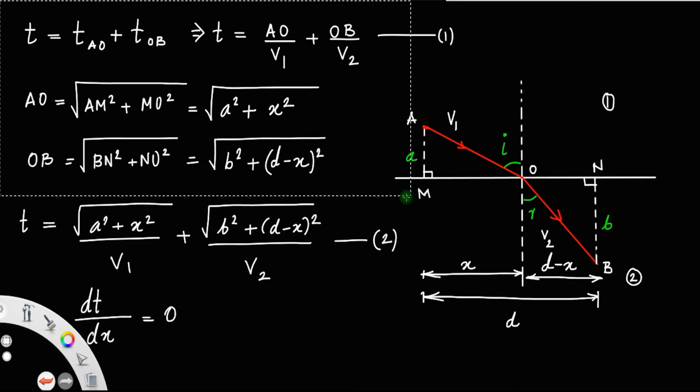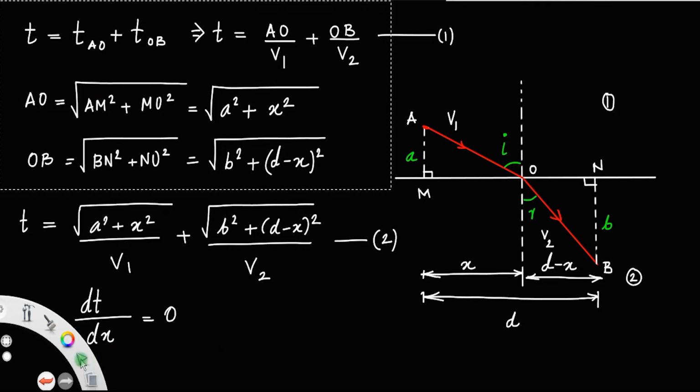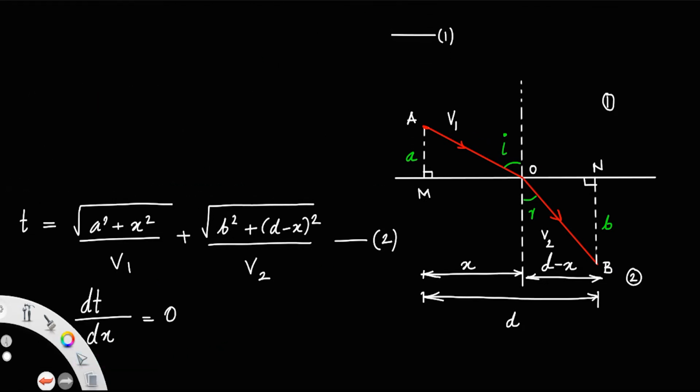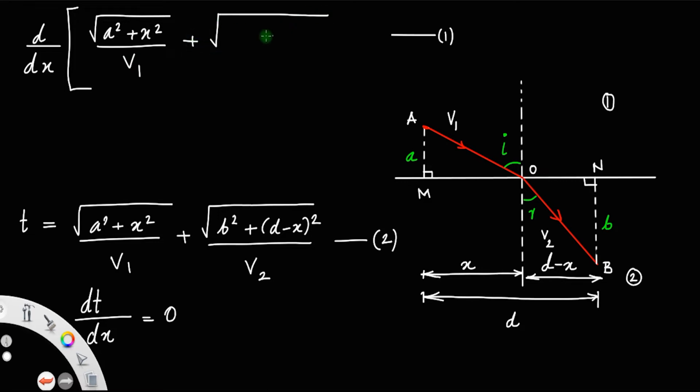So this will be d by dx of root of a square plus x square divided by V1, plus root of b square plus d minus x whole square by V2, equal to 0. Clear?